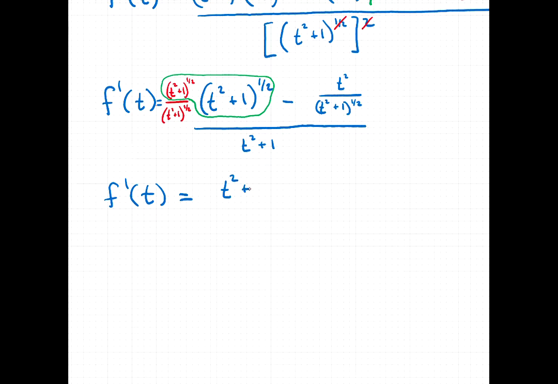And then we have a minus t squared, all over t squared plus 1 to the 1/2 power. That's just the numerator here. So we got a common denominator and combined these two terms into one. And then on the bottom, we have a t squared plus 1.